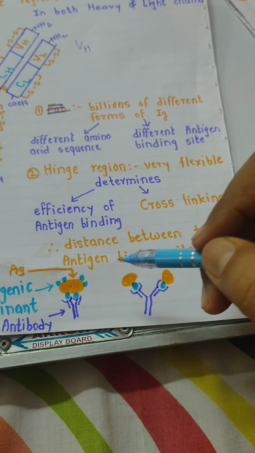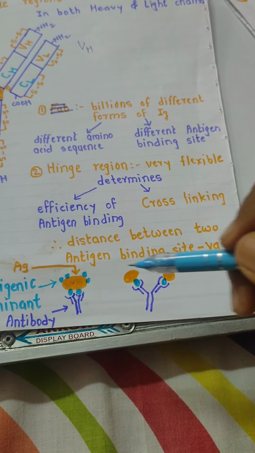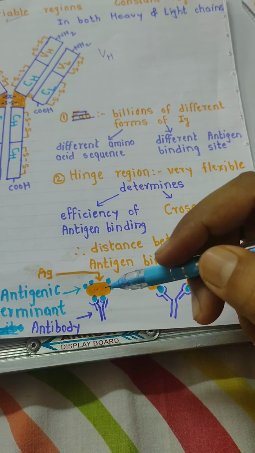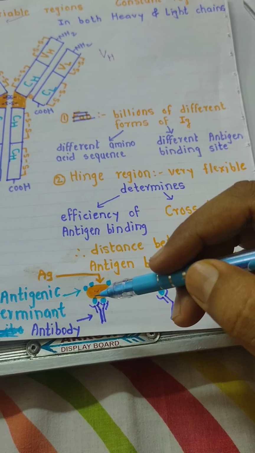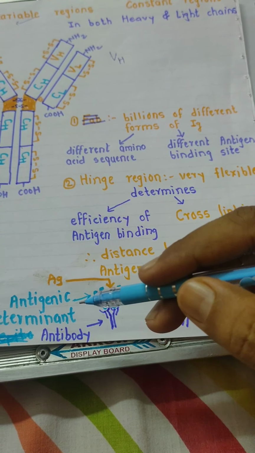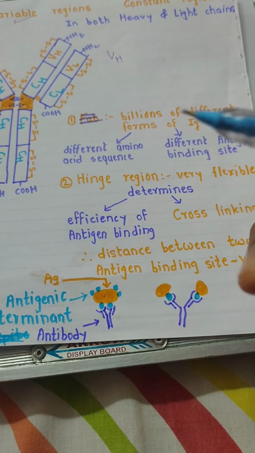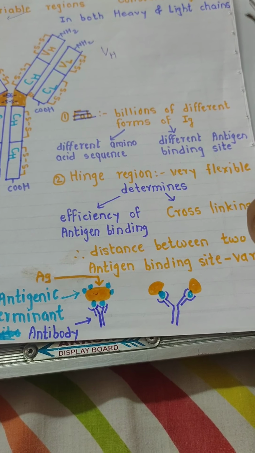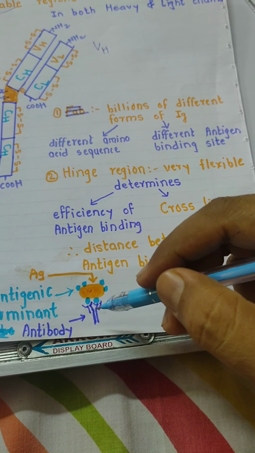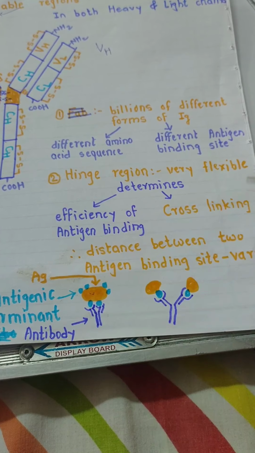The distance between two antigen binding sites may vary, as we can see here. This is the antigen and the antigenic determinants are present. Antigenic determinants means the structure which determines the antigenicity of the antigen, and our antibody immunoglobulin binds to the antigenic determinant.